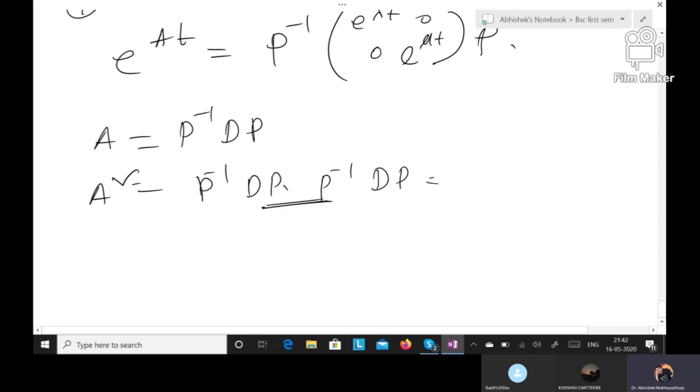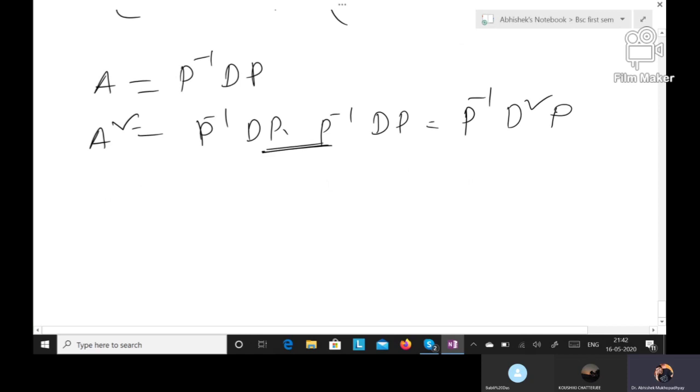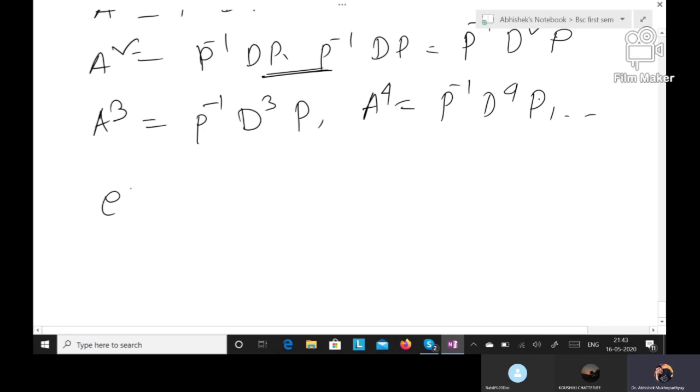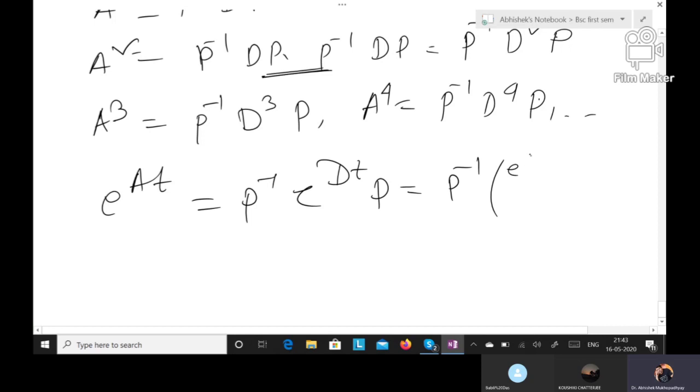So just using associativity, we will have it is P inverse D square P. Similarly, if we do A cube, then it will be P inverse D cube P. A to the power 4 will be P inverse D to the power 4 P, and so on. So e to the power At will be P inverse e to the power Dt P, that is P inverse e to the power lambda t 0, 0 e to the power mu t P.